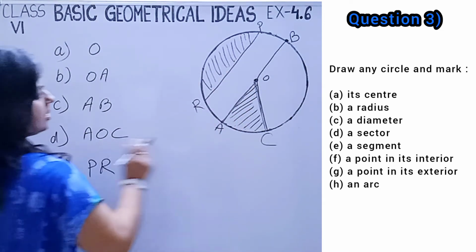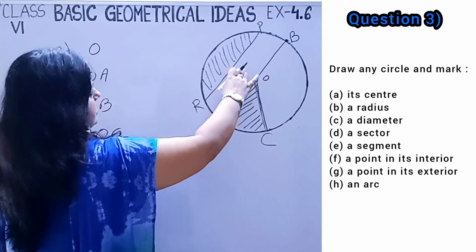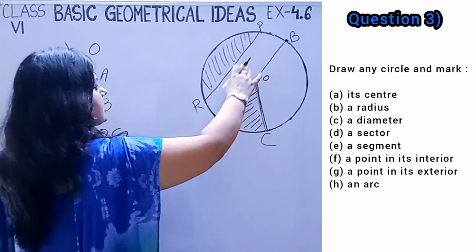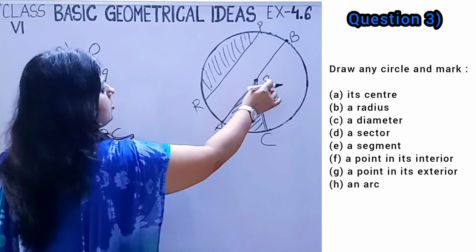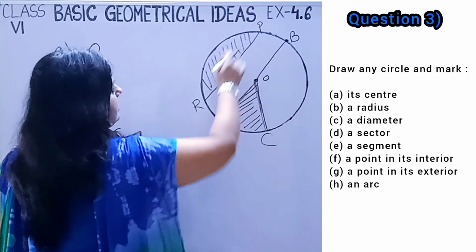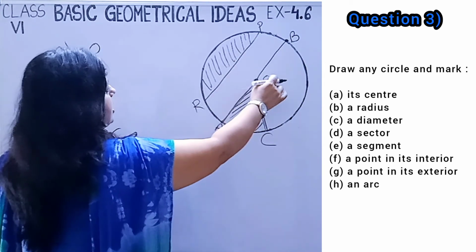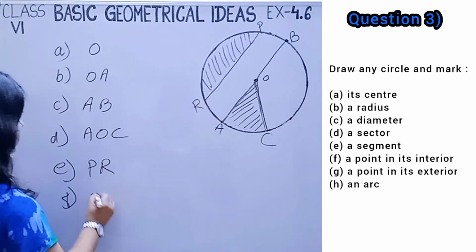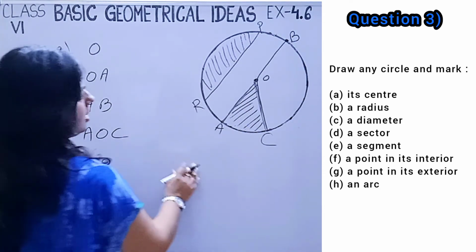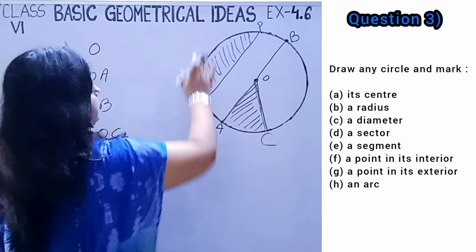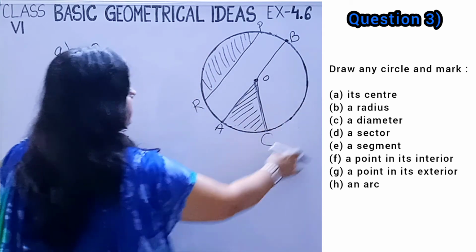F, a point in its interior. Interior means inside the figure. So here only O is the point which is lying inside the figure. So point O. G, a point in its exterior. So we have to deal with the outside area.